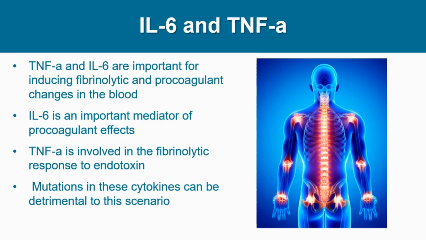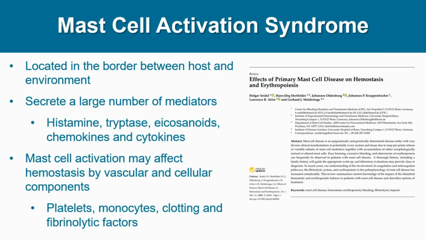So again, tissue factor is synthesized in cytokines like these, TNF-alpha, IL-6, but also IL-1 can trigger this and stimulate this coagulation pathway. Mast cell activation, hot topic here. Mast cells are basically immune cells that are involved in our adaptive and innate immune system and have been referred to as the key effector cells of allergic diseases.